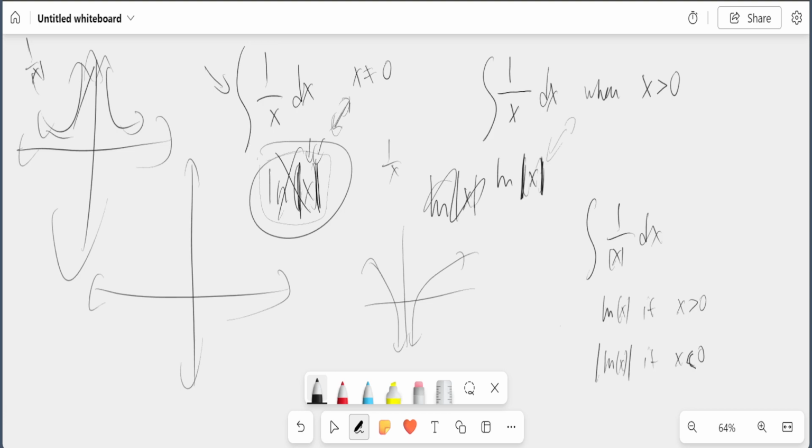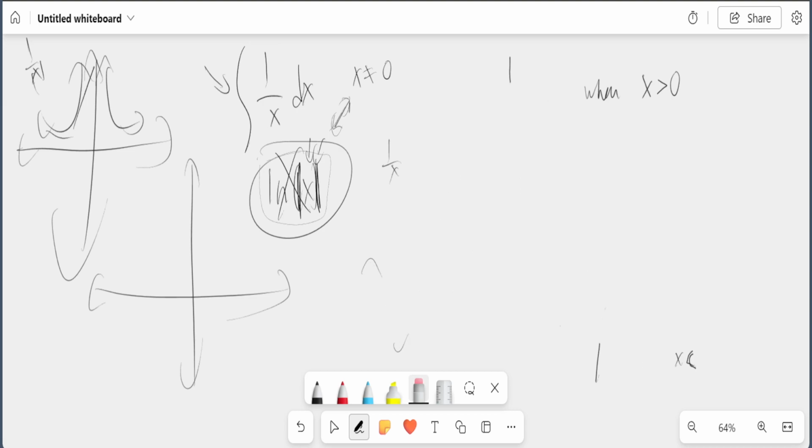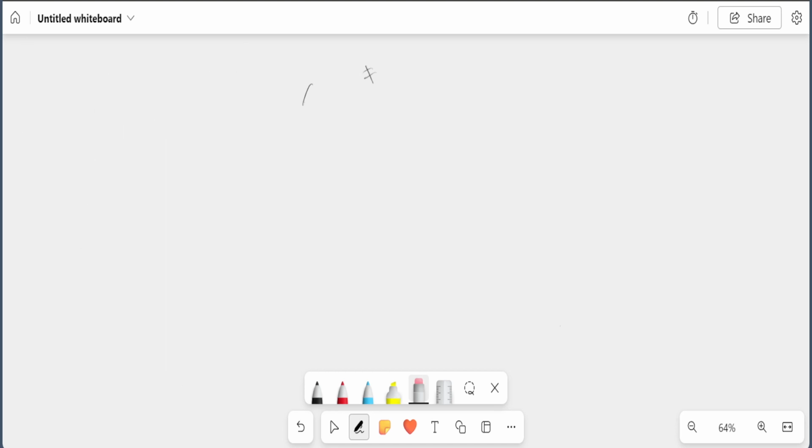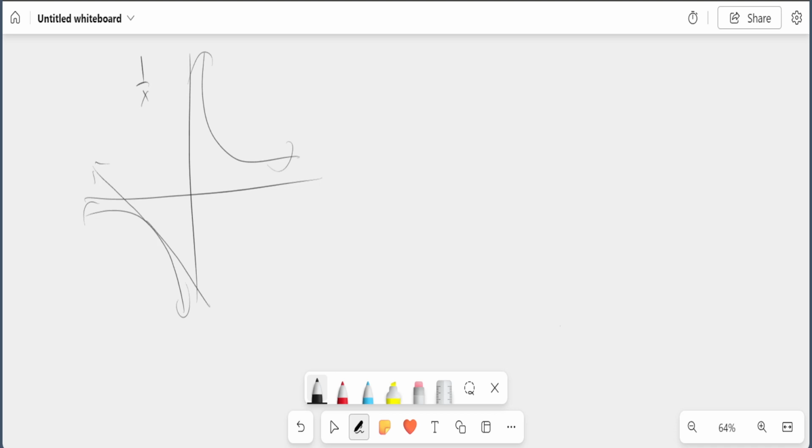Oh yeah. Okay, let me erase everything so I can get a clean board. This is what 1 over x looks like, right? It looks like this, and then it looks like this. So it has negative slopes over here. But 1 over absolute value x has positive.